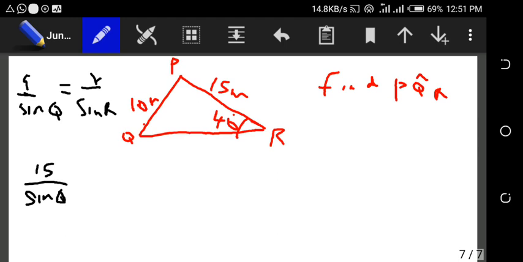So sine Q is equal to r now is 10 over sine R. Sine R is sine 40 degrees, because our R has the value of 40 degrees.